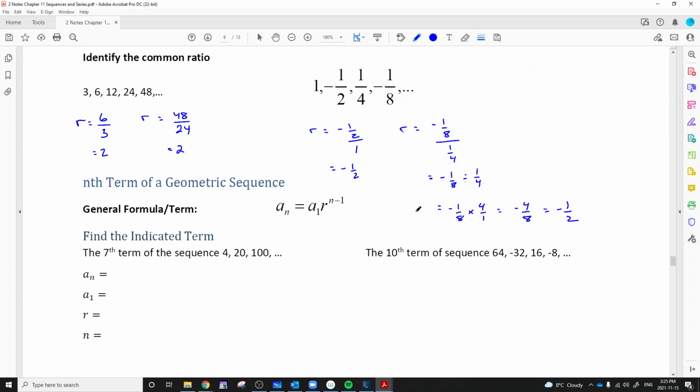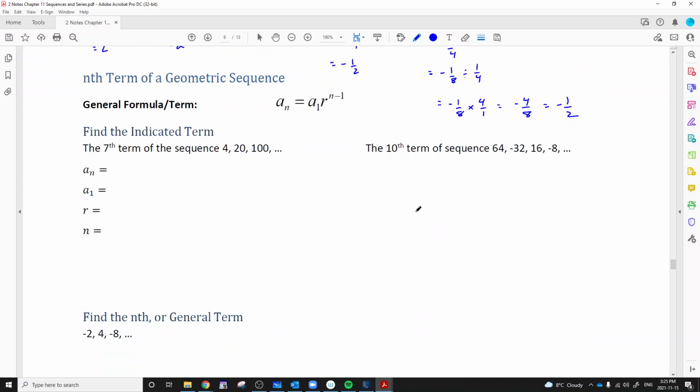All right. Just like arithmetic sequences, there is a general formula for geometric sequences, but it doesn't involve addition, it involves multiplication. To find the nth term, you take the first term and multiply it by the common ratio a certain number of times. How many?